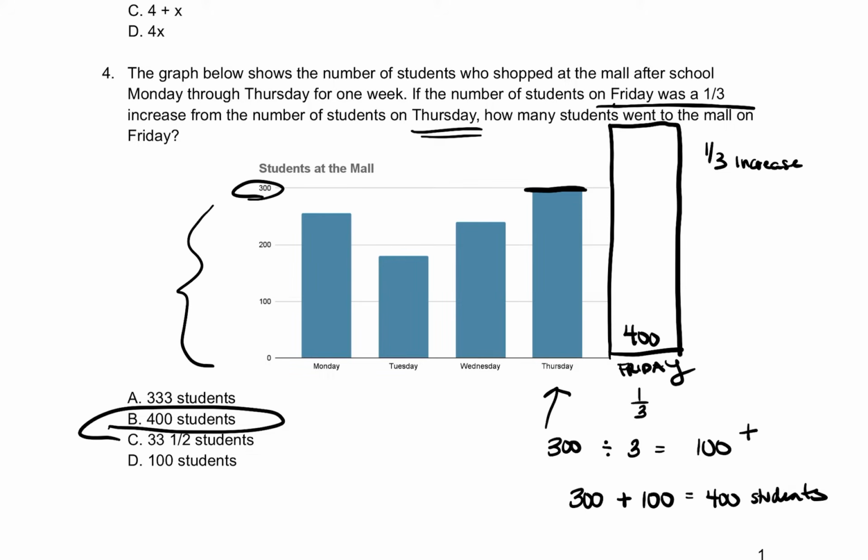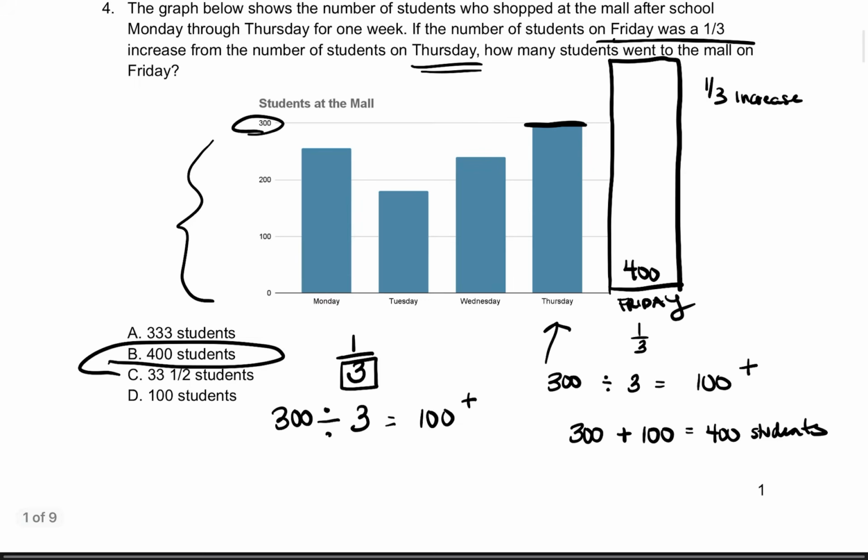Anytime they're talking about a fractional increase or decrease, you take whatever the fraction is. In this case, it was 1/3. You take the number of students, 300, and you divide it by the denominator, 3, and you're able to find the increase. Now, what happens if they said it was a 1/2 increase?